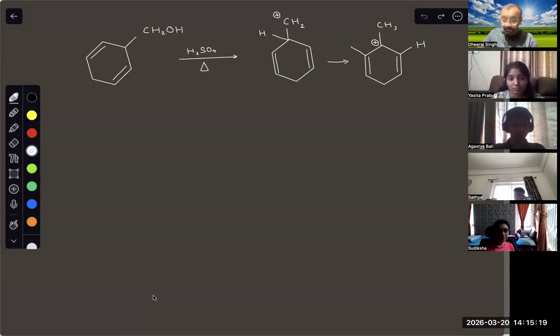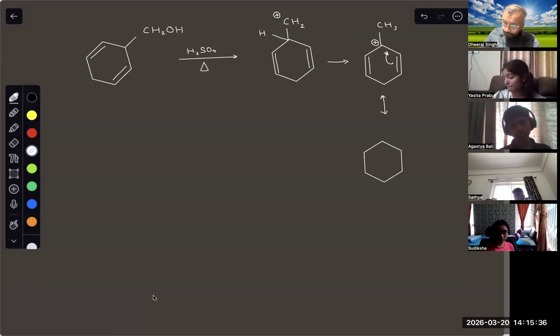That can't be taken just like that. So due to conjugation, you have to see what is the next possible structure. When you shift it over here, the double bond comes here, and the positive charge now goes there. So you can see a 3-degree carbocation converts to a 2-degree carbocation.